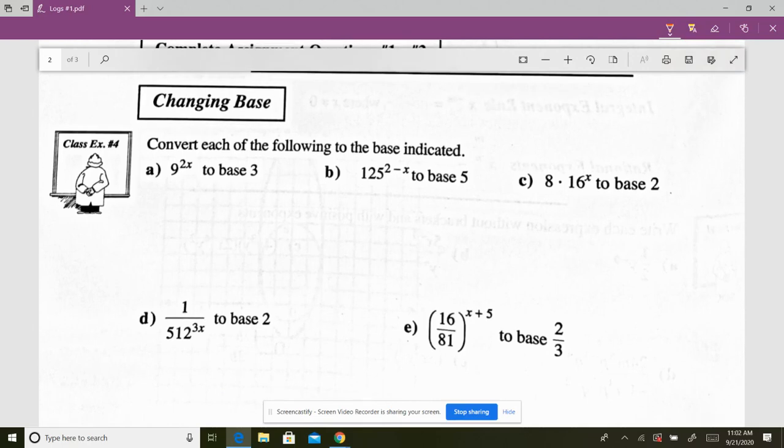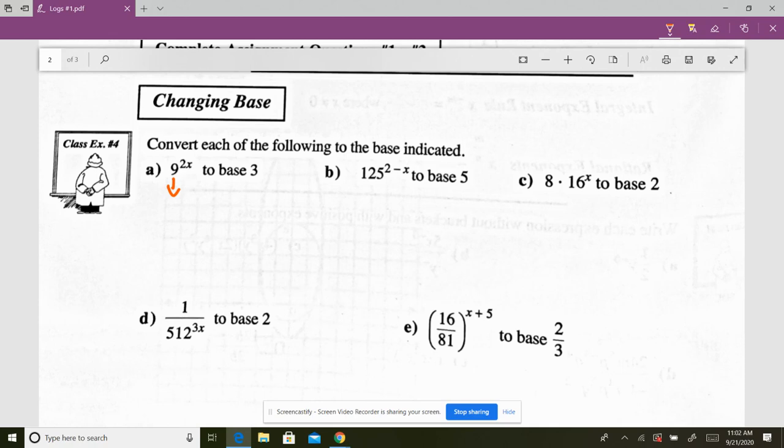Changing the base. Okay. Ignore the exponent for now, and we just focus on the 9. How can I write 9 as a power of 3? i.e., 3 to what power is 9?